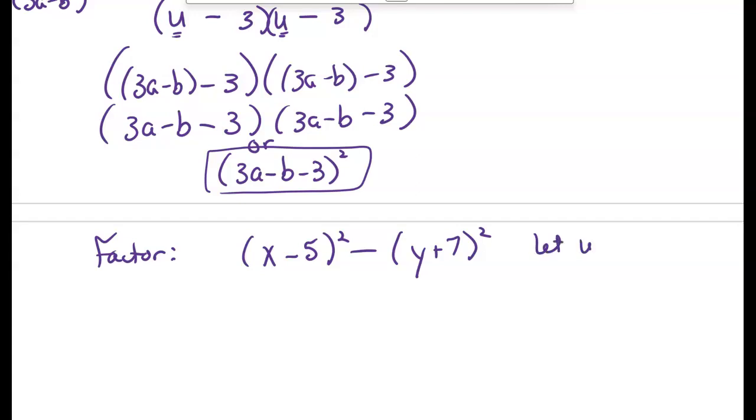We let u equal x minus 5. And then we're going to let w equal y plus 7. You can use 2 variables if you need to. So when we're looking at this, you're going to have a u squared minus a what?